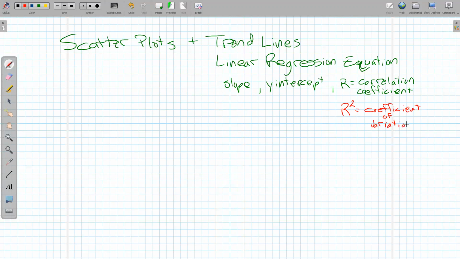I'm only bringing up that coefficient because that's what Excel and Google spit out, but our book only talks about the correlation coefficient. The correlation coefficient, r, tells us a couple of things about the points.